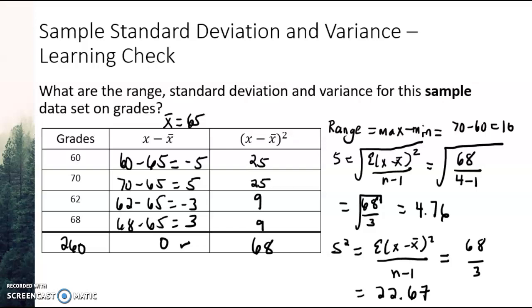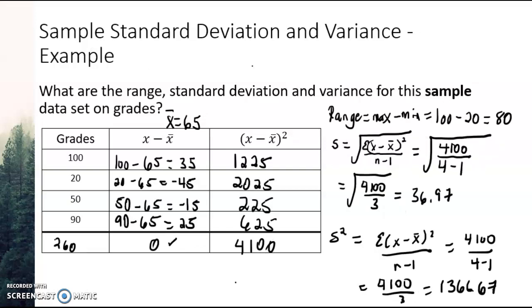That's the way that you can interpret the standard deviation, kind of like your average spread in the data set or average distance to the mean. It's about almost 5 percentage points. Whereas for the first class, that average distance from each grade to the mean is about 37 points. That's a very, very big difference.